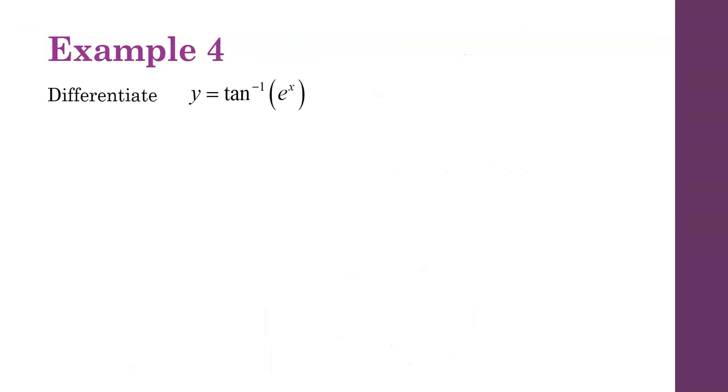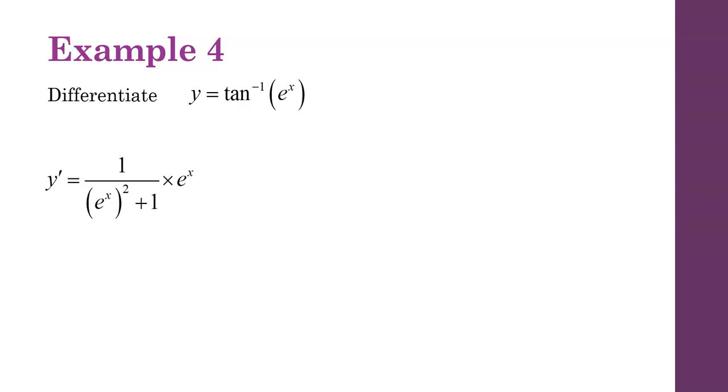So here we want to take the derivative of tangent inverse of e to the x. So to start with, we'll use the formula for the derivative of tangent inverse and then multiply that by the derivative inside because chain rule is needed in this case. So derivative of tangent inverse of anything is 1 over that expression squared plus 1, right? So tangent inverse of e to the x would be e to the x squared plus 1.